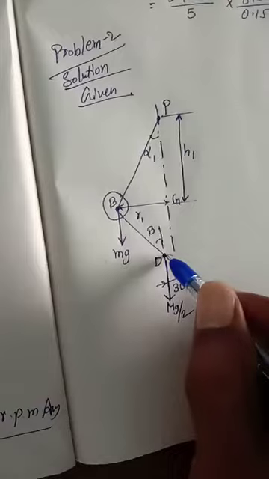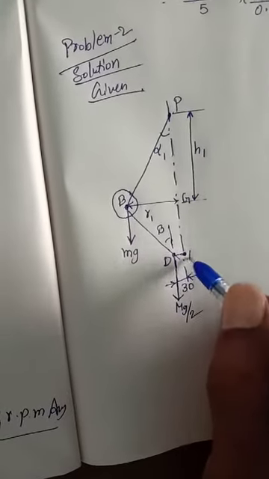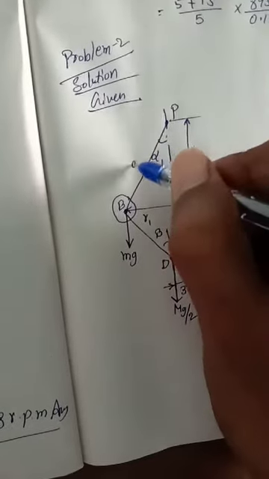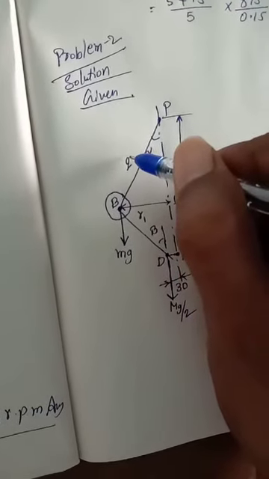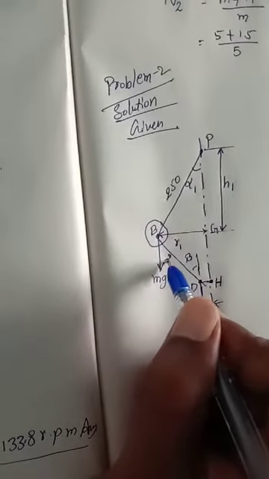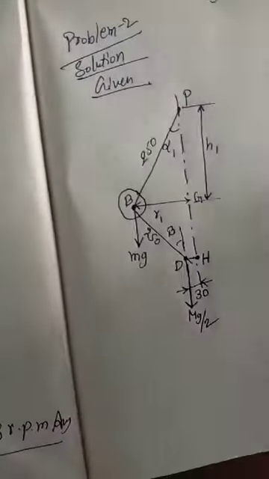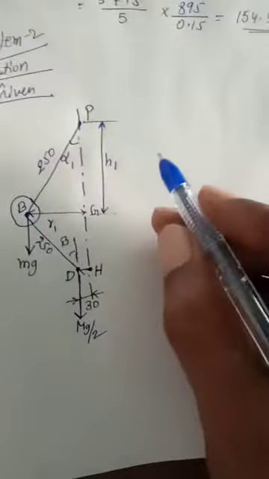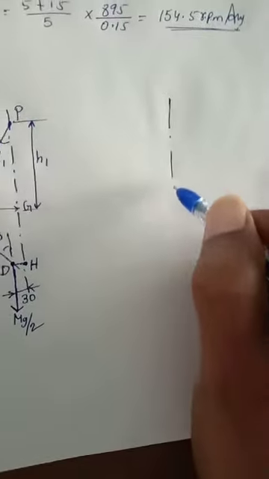So here is point H. Now this is 250, and this arm also has 250. These are all the given data, and then here we are going to draw the compressed position.